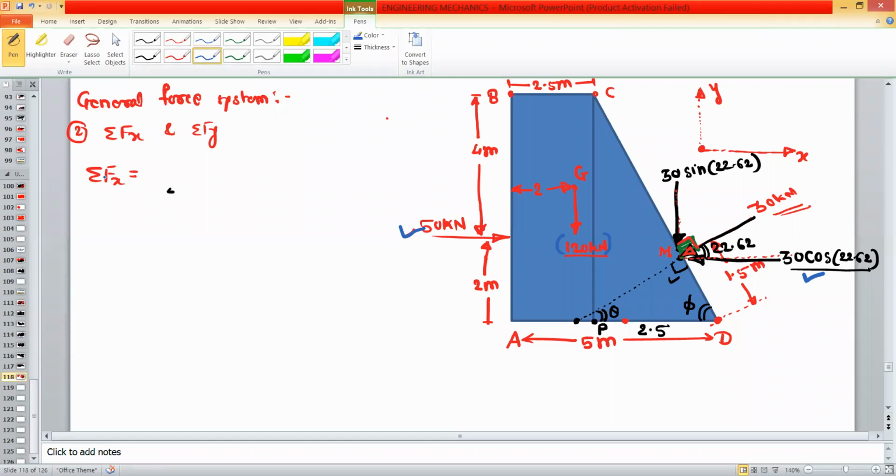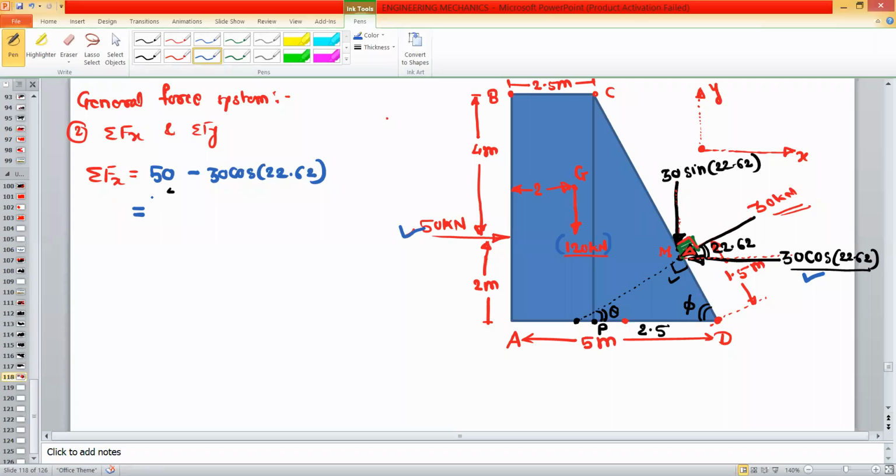Okay. So write summation Fx. This is plus 50. Then this 30 cos 22.62, it is in the negative X direction. So it is minus 30 cos 22.62. Okay. So these are only two forces in the X direction.